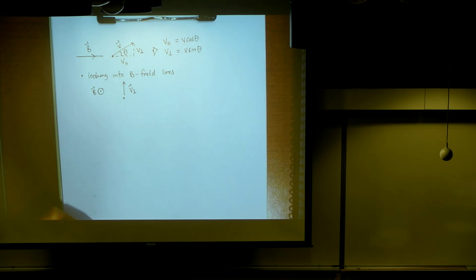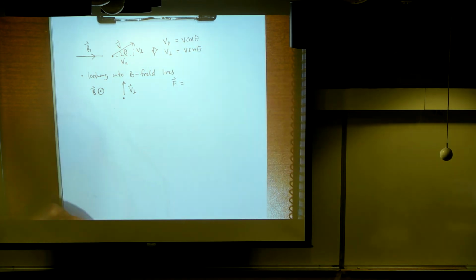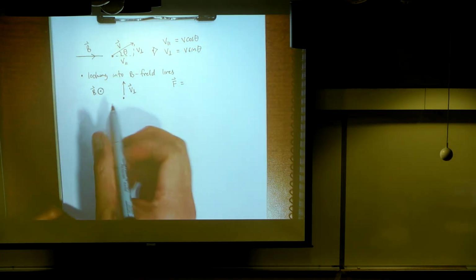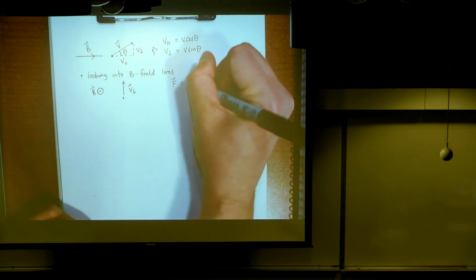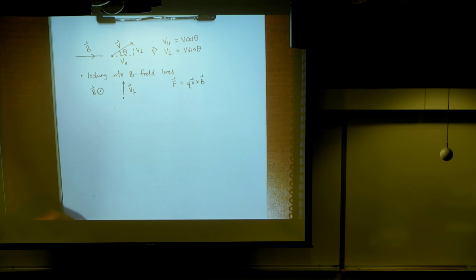Okay, so what kind of force exists when we have a charge moving with some velocity in a B field? It's qv cross B. But remember, it's only v perpendicular that contributes anything to this force, okay? So let's work out the right-hand rule for this guy.